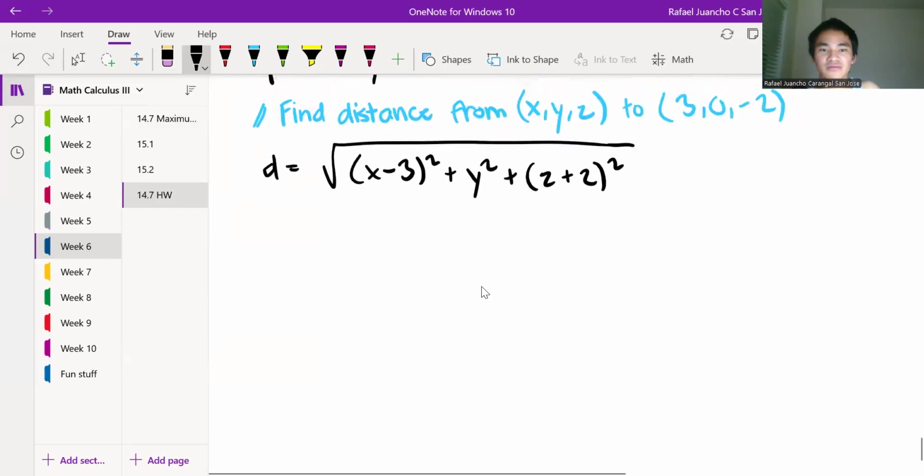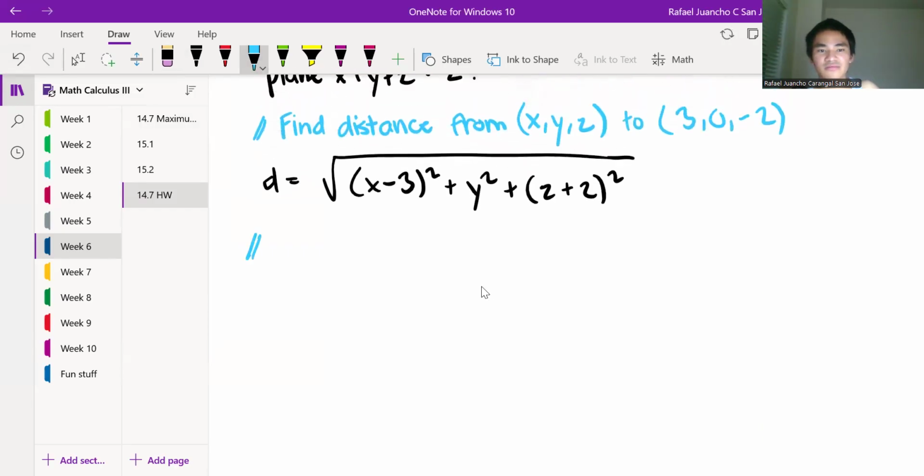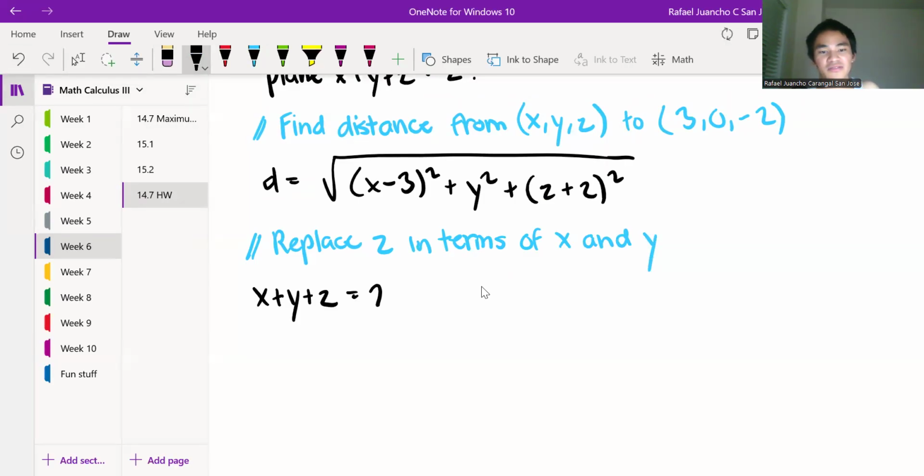Then from there, now I want to find, or replace, right? So here I want to replace z in terms of x and y. So here I have x plus y plus z is equal to 2.